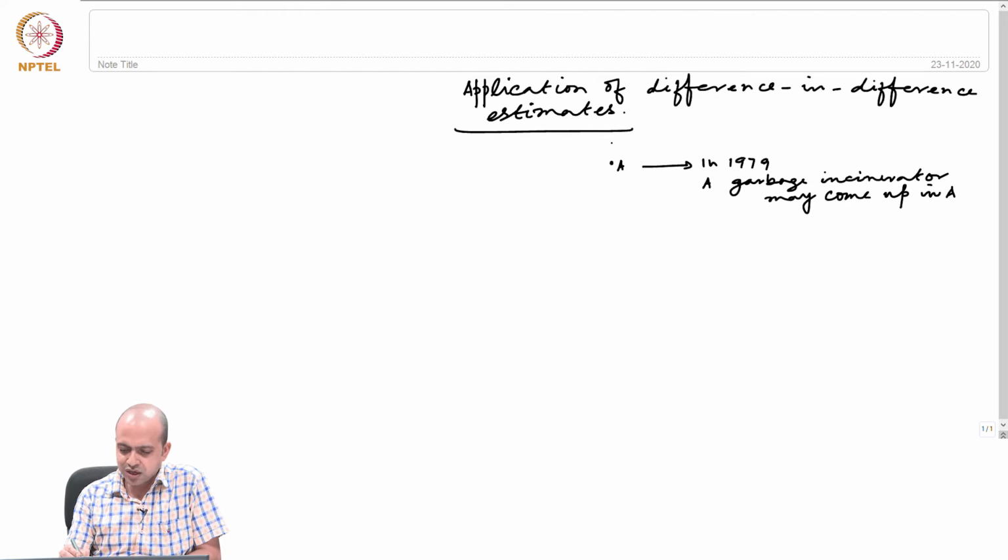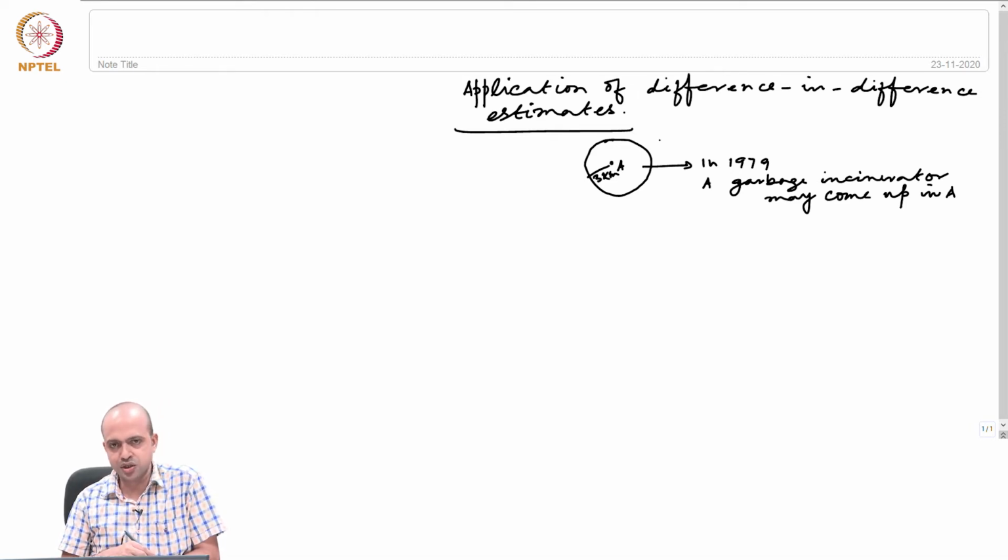So let us assume that we are drawing a neighborhood around this A, let us say 3 km. If a place is within a 3 kilometer radius of A, we will call that near the garbage incinerator, and more than 3 kilometers means we will consider it far away from the garbage incinerator.